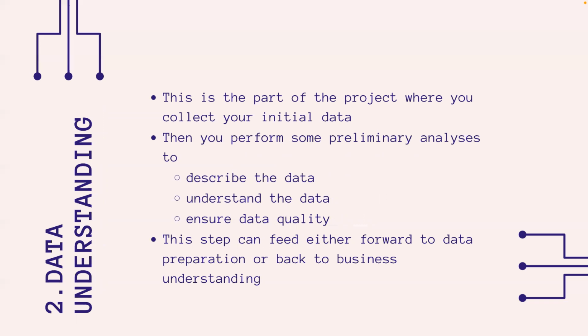The next step is data understanding. So this is the part where you collect your initial data. You then perform some preliminary analyses to describe your data and understand it, and make sure that it's quality data. So do you have a bunch of missing data? Is your data accurate?